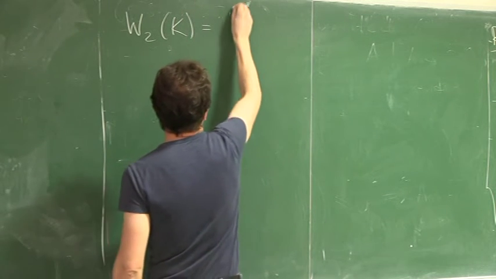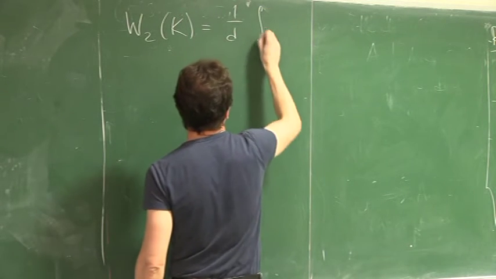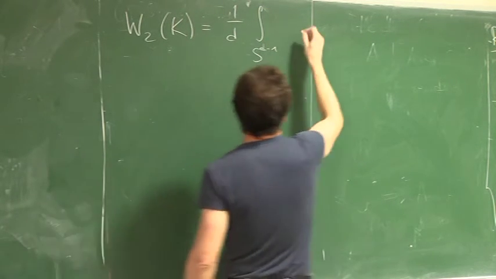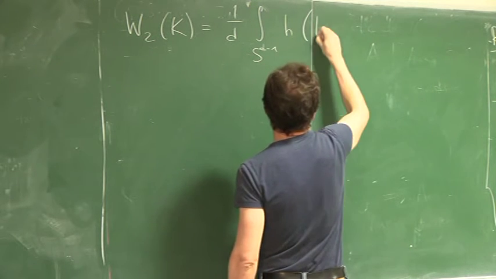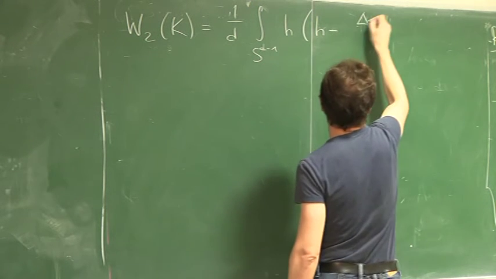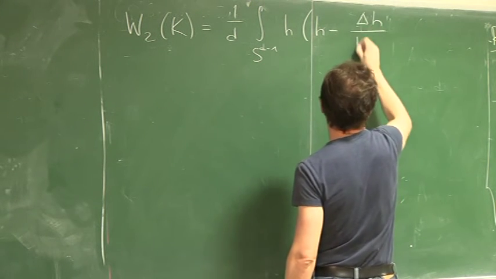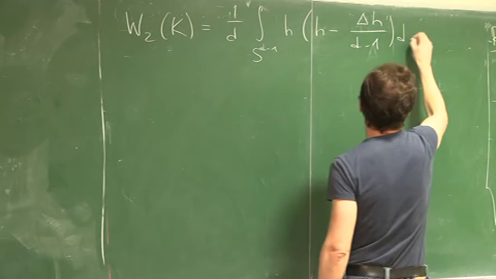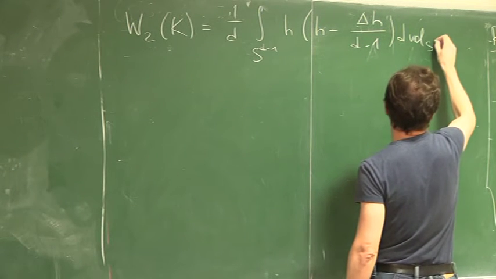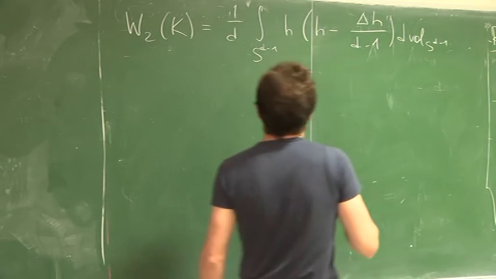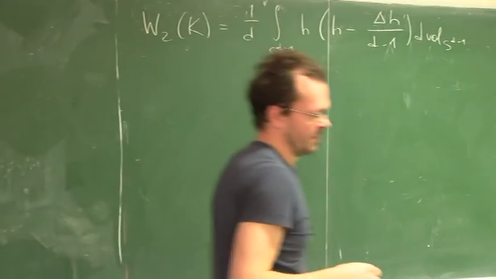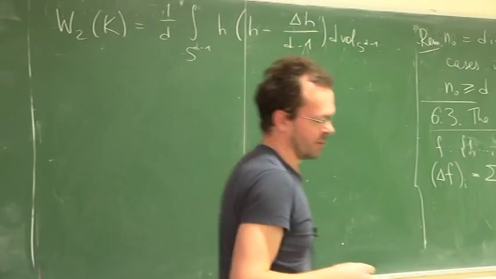The second quadratic integral was 1 over d, integral over the sphere of h times (h minus the Laplacian of h divided by d minus 1), integrated with respect to the volume element on the sphere. In the polyhedral case, there is a formula.